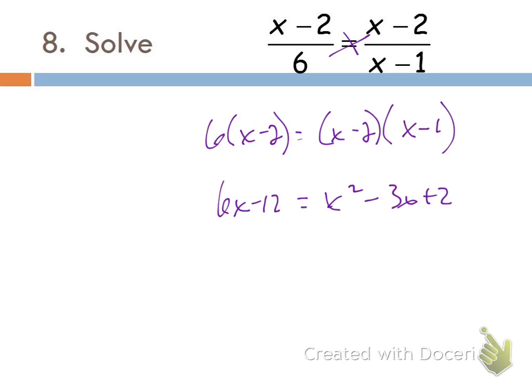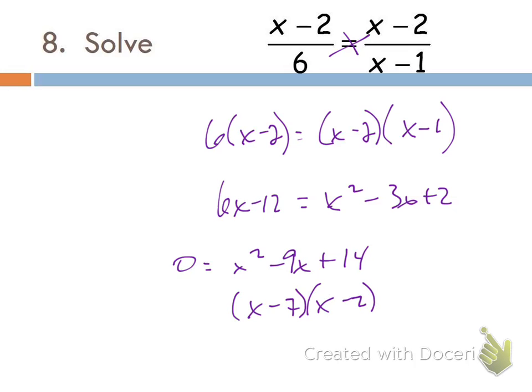And now we're ready to solve. Get it equal to 0. Factor, and our solutions appear to be 7 and 2, but we didn't check our restrictions.